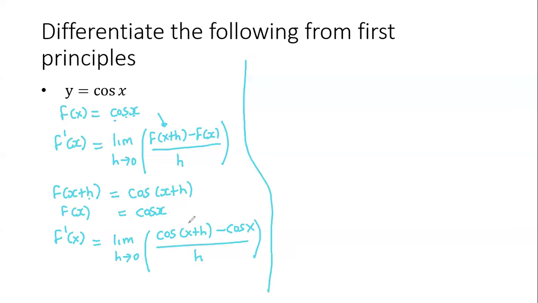You have cos minus cos, so you go back to your factor formula. Our factor formula tells us that when I have cos A minus cos B, who can tell us what expression we get? Yes, Alia?